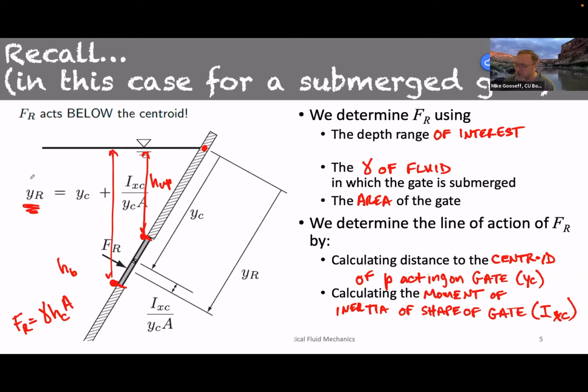So in this equation, we basically are calculating this y sub R. That is a distance, again, in reference to this location down at which that force is going to act. So when we calculate the total pressure that's acting and the force value itself, we work from the centroid, but when we're looking at the line of action for that force, it has to be a little bit further down along the outside of the gate.